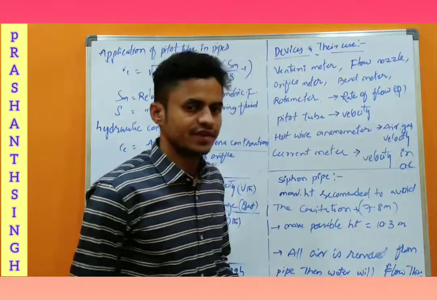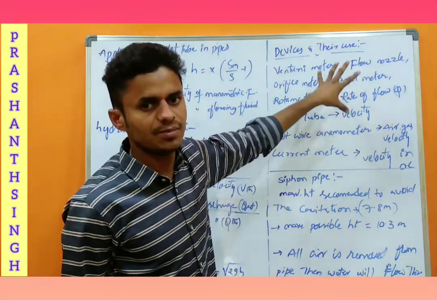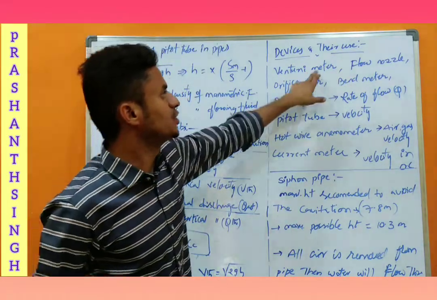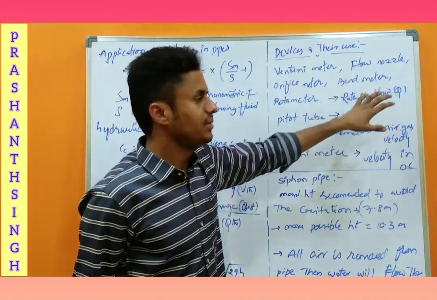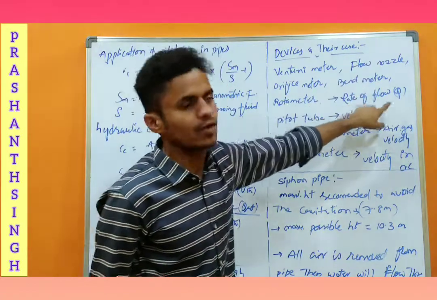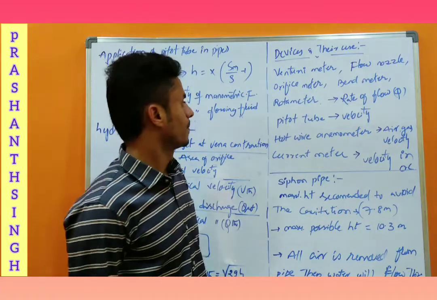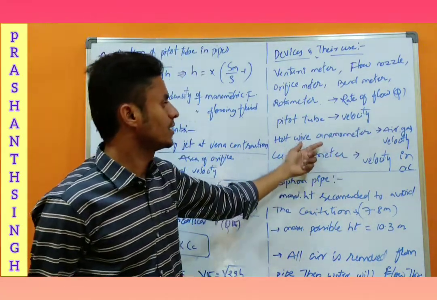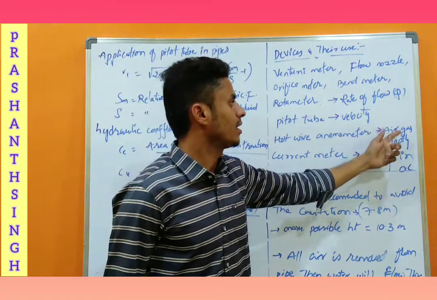Next one is devices and their uses. This is very simple and very important for us. Venturimeter, flow nozzle, orifice meter, bend meter and rotameter: all these meters are used for the rate of flow, which is nothing but discharge. The pitot tube is used for velocity. The hot wire anemometer is used for air and gas velocity.